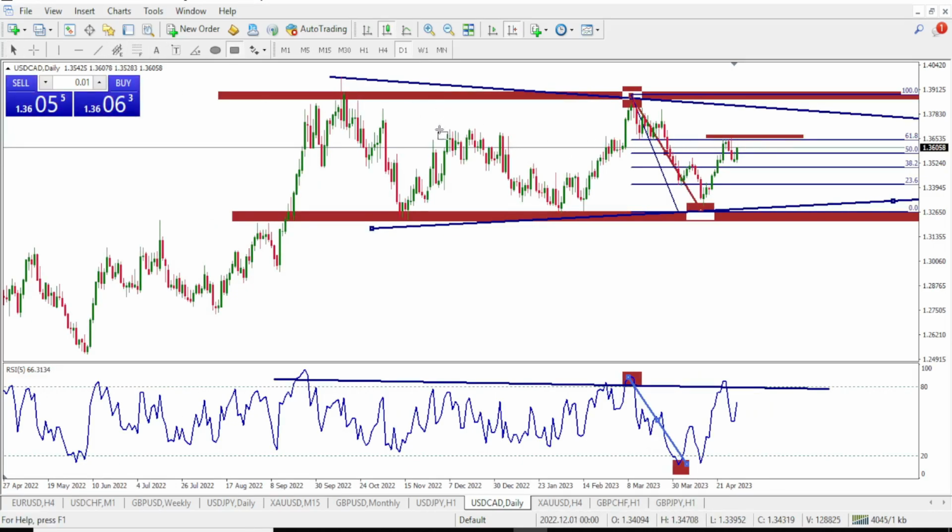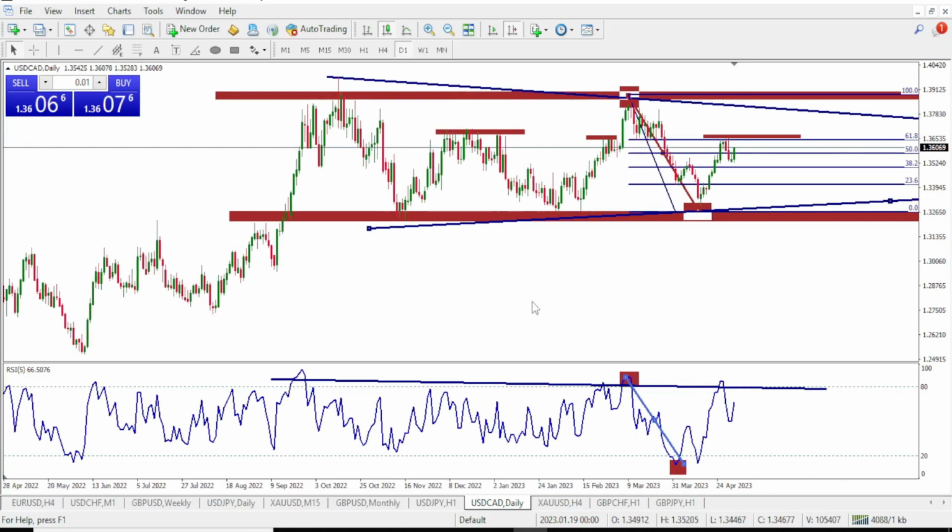In the past, it was consolidating and kept rejecting from this level. And obviously this level has a strong breakout of 274 pips as well. So this 61.8% retracement, yes, is going to be a very nice and perfect trading opportunity.